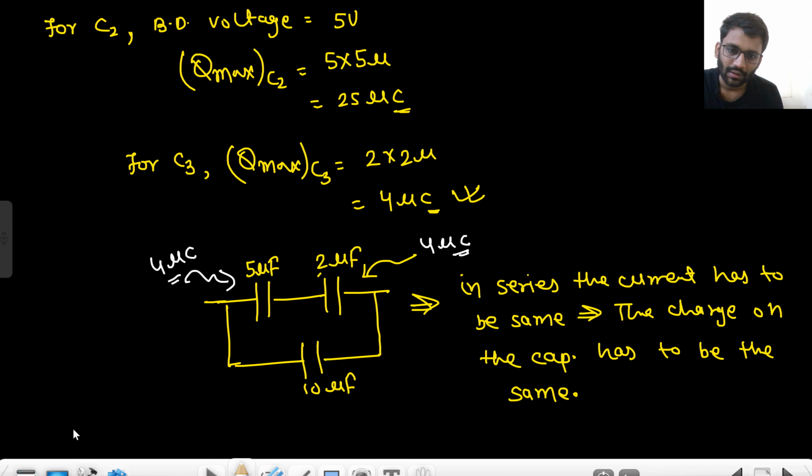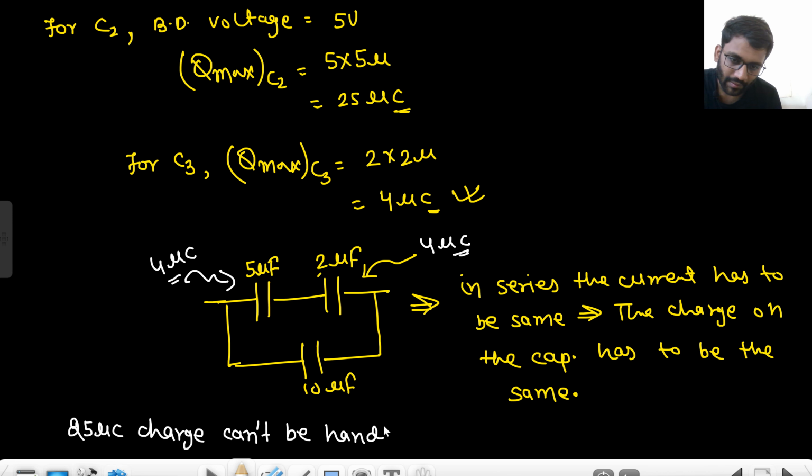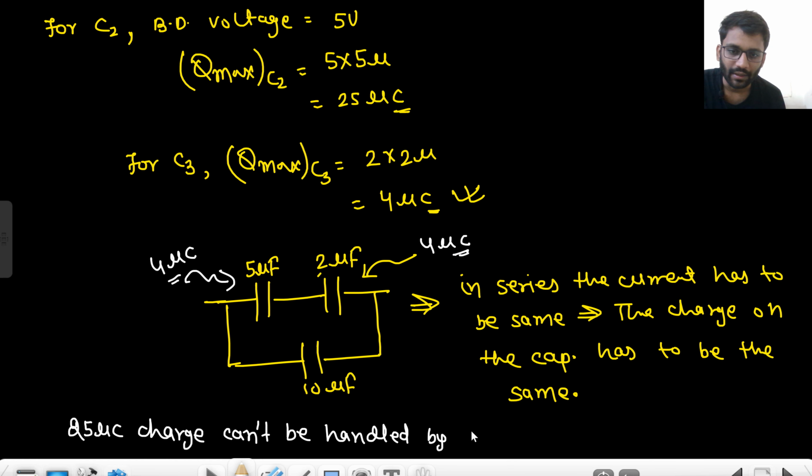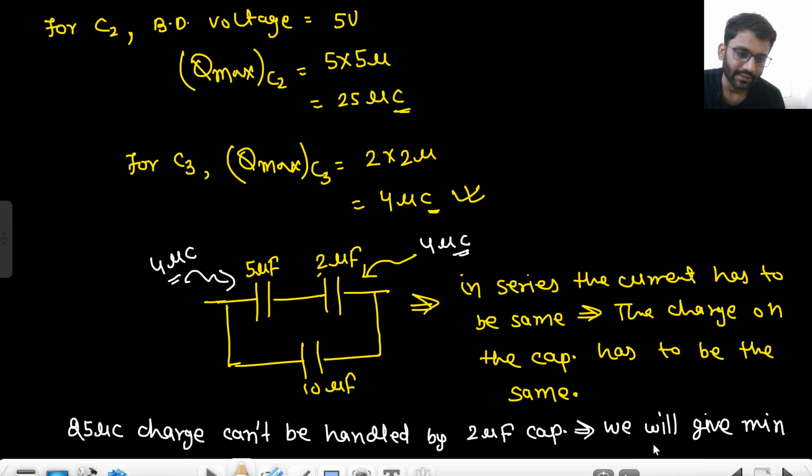So 25 microcoulomb charge cannot be handled by the 2 microfarad capacitor. We will give the minimum charge. So the charge given to 5 microfarad is 4 microcoulomb, and the charge given to 2 microfarad is also 4 microcoulomb.